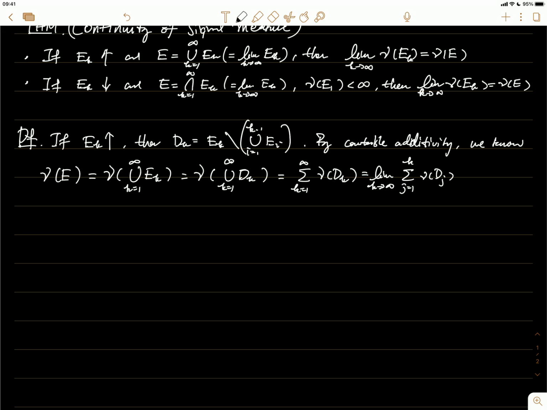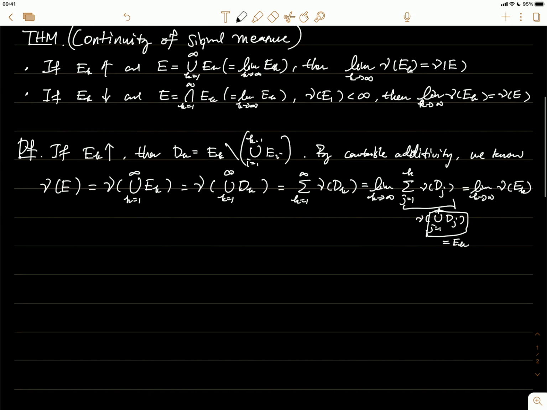But this partial sum here is just the nu of the union of the dj for j from 1 to k, and this, by definition of dj, is just the signed measure of ek. So it's just the limit of the signed measure of ek. Okay, because each one of this is equal to the ek, so it's a signed measure of ek. Okay, and we should be very familiar with this. As long as we have the countable additivity, we can get this equality very easily.